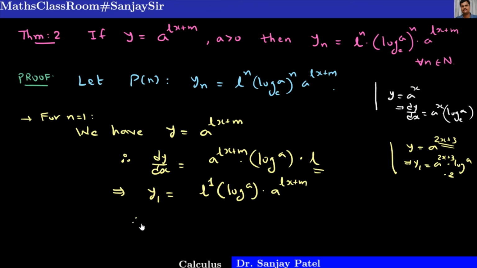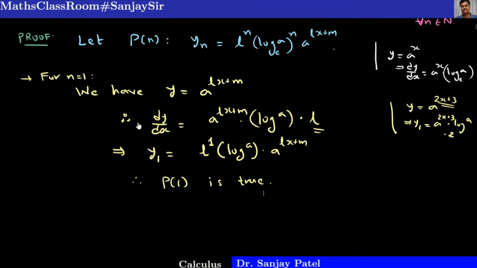Therefore the result is true for n is equal to 1. We can verify by putting n equal to 1 in the statement Pn. Now proceeding further, we assume that this is true for n equal to k. We assume that P of k is true.